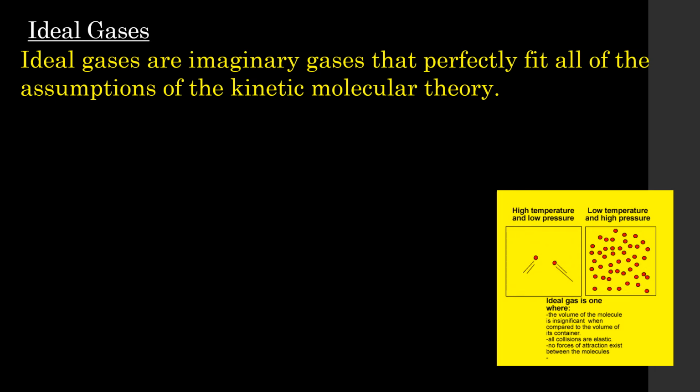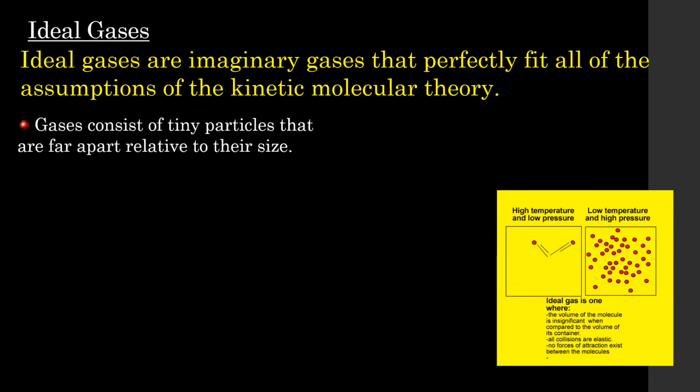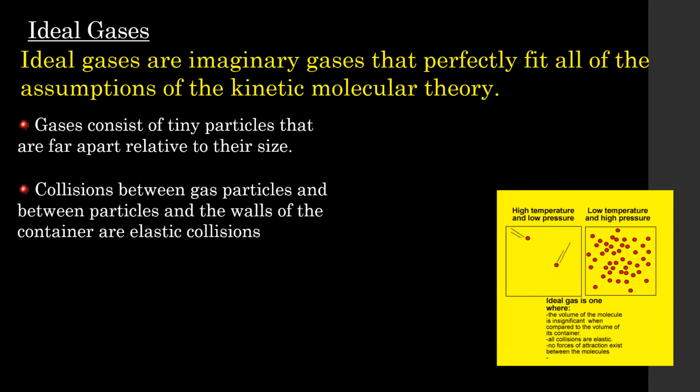Now, ideal gases are imaginary gases. Real gases do have intermolecular forces, and they don't fit all the assumptions of kinetic molecular theory. In this theory, gases consist of tiny particles that are far apart relative to their size, and the collisions between gas particles and the walls of the container are elastic.